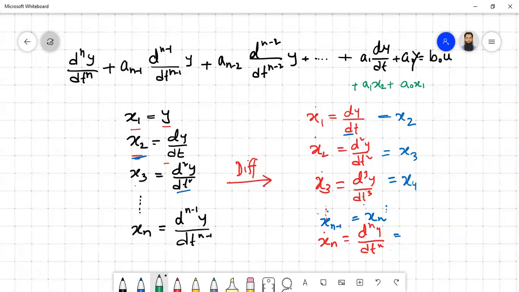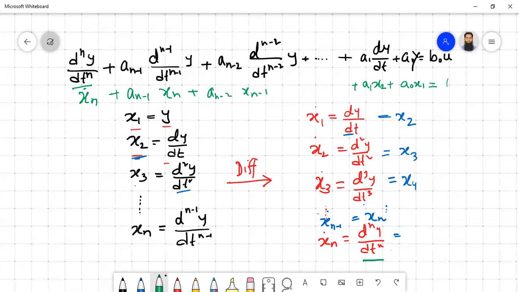So gradually, if you compare this one and this one, this is your xn dot, then it will be a(n-1) xn, a(n-2) x(n-1), and so on.